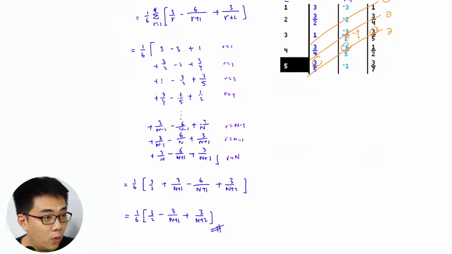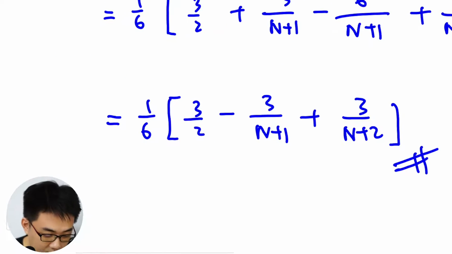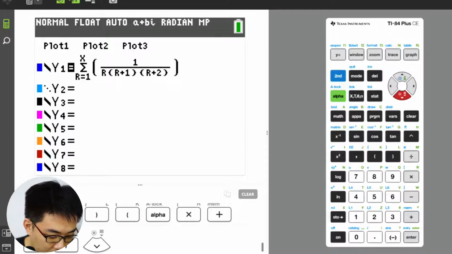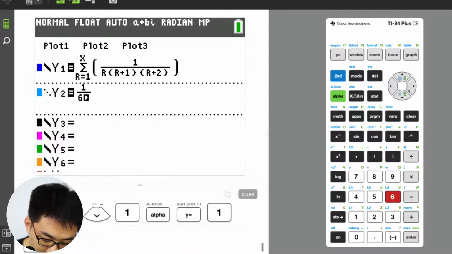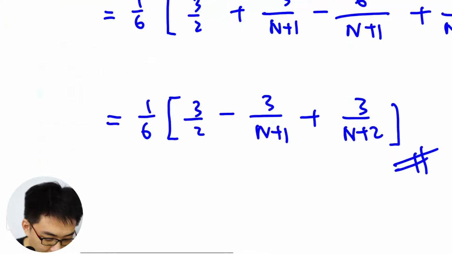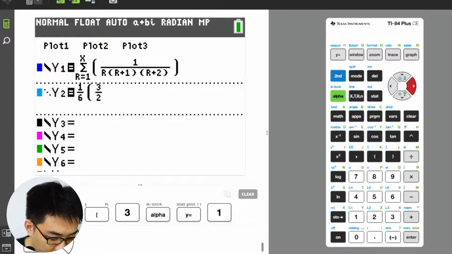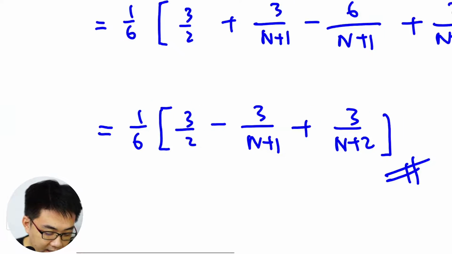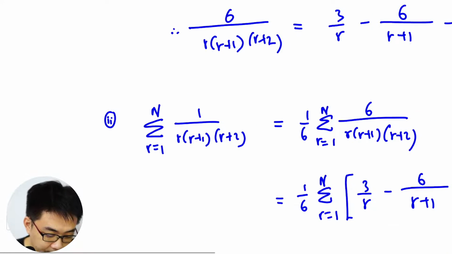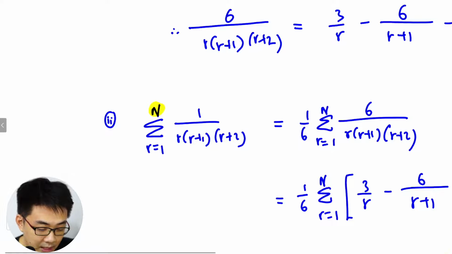Then what you need to do next is you key this into another one with your calculator as well, which is 1 over 6. Then you just put in 3 over 2. Then you just put in x. Your n here is x. Your big N here is x. This r is capital.